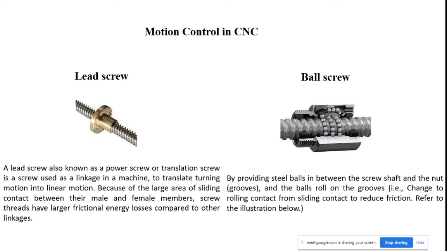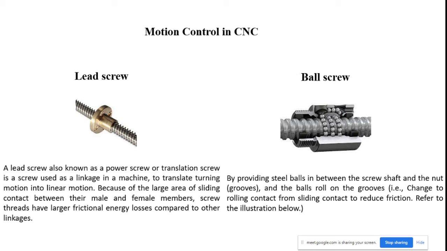A lead screw, also known as a power screw or translation screw, is a screw used as a linkage in a machine. Generally in a central lathe, the carriage is placed on the lead screw. Based on the lead screw rotation, the carriage slides on the bed, so it translates turning motion into linear motion.